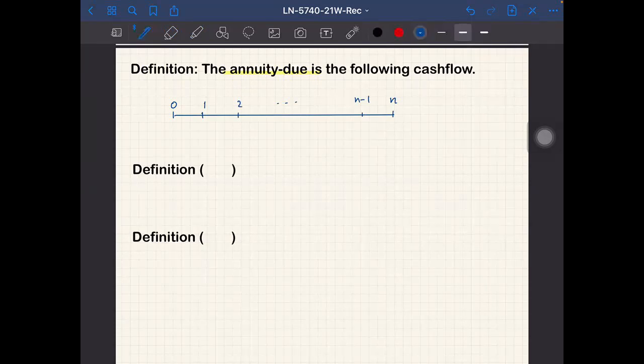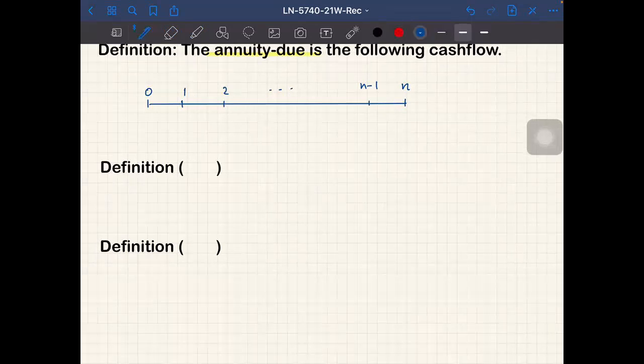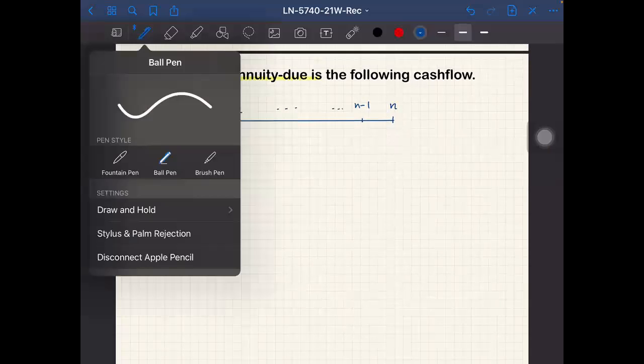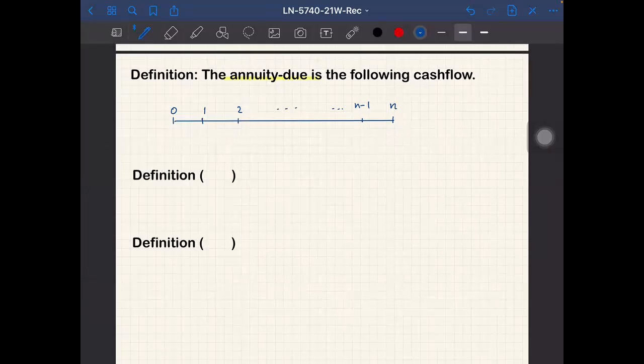But the cash flow is slightly different because it starts at time 0. So that means $1 at time 0, $1 at time 1, $1 at time 2, up to time n-1. So the payments are just 1 year earlier.